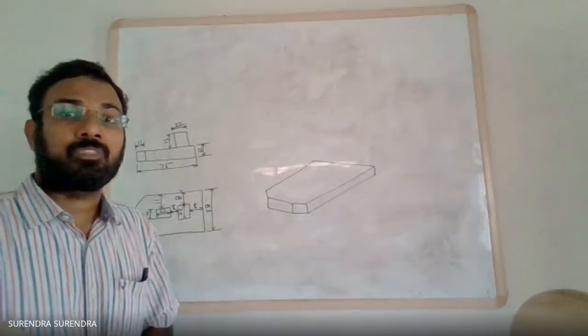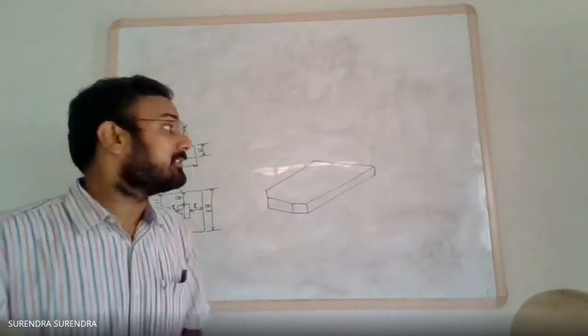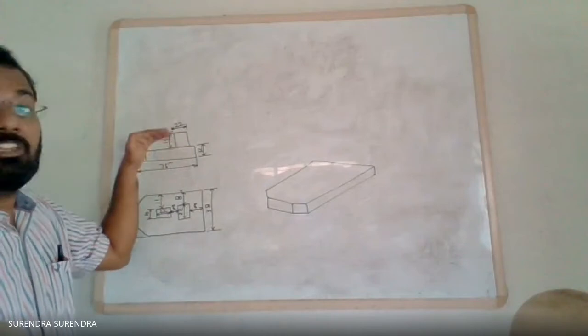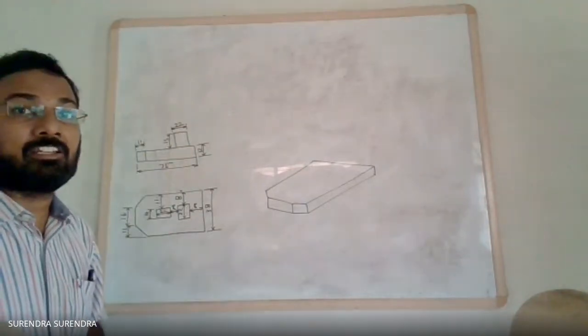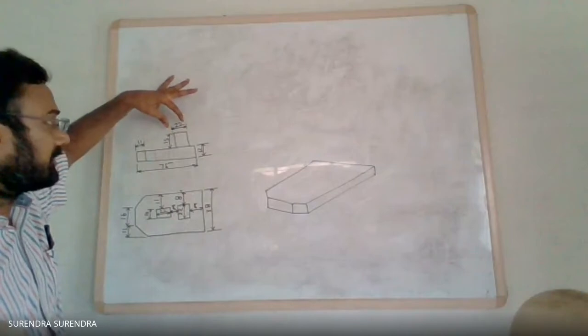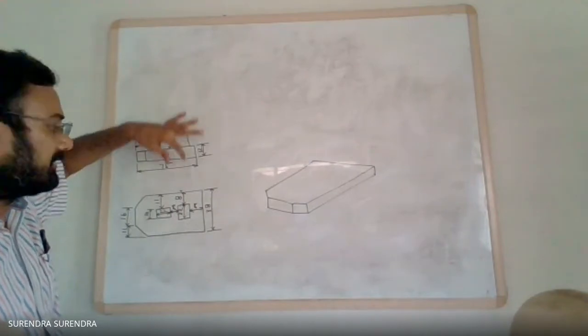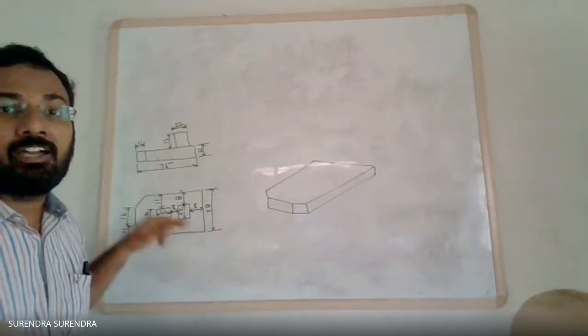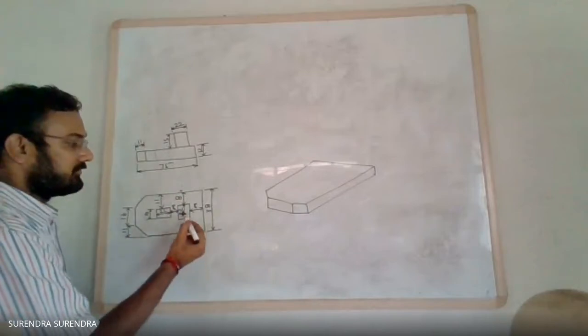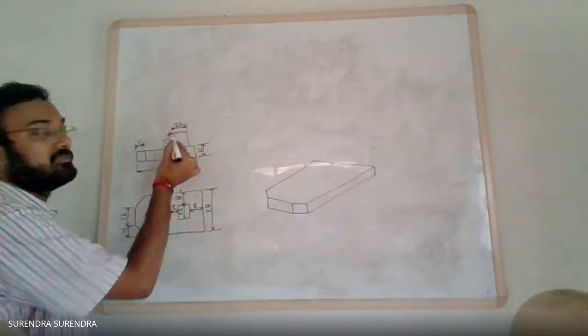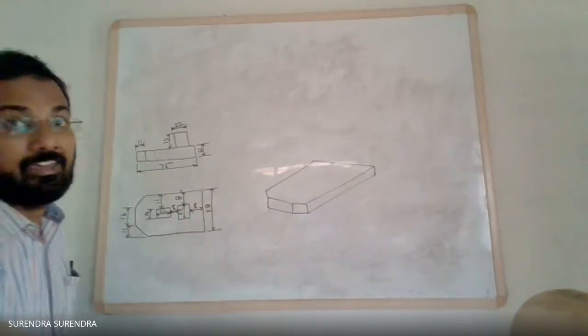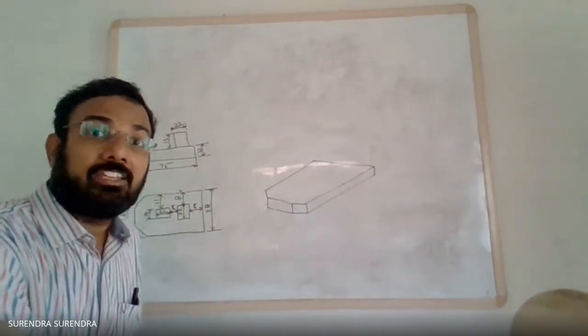Now on this base there exists a projection upward, a rectangular block. It is not rectangular, it is a square, 22 mm width and height, this dimension 22 mm and this width also equal to 22 mm. So it is a square.